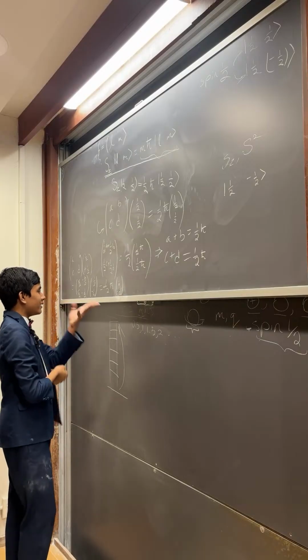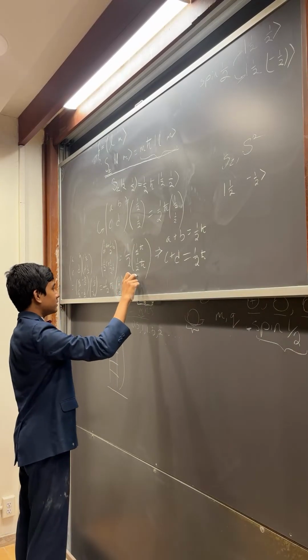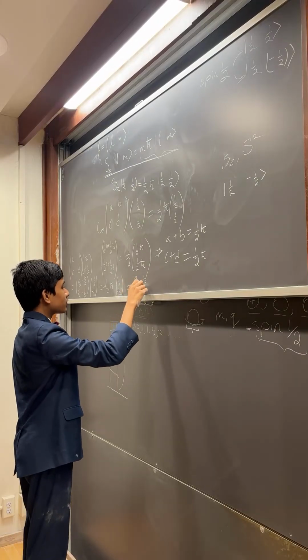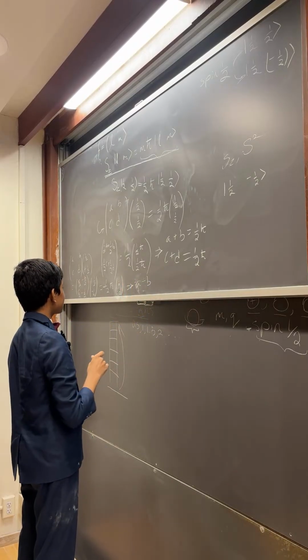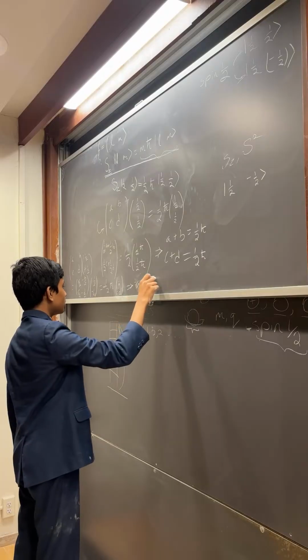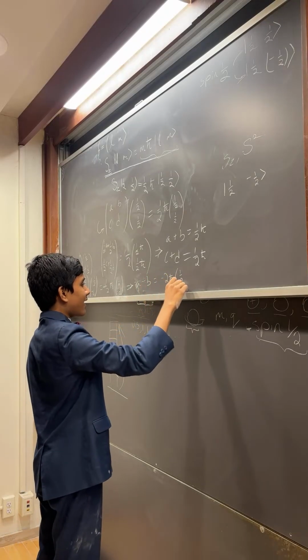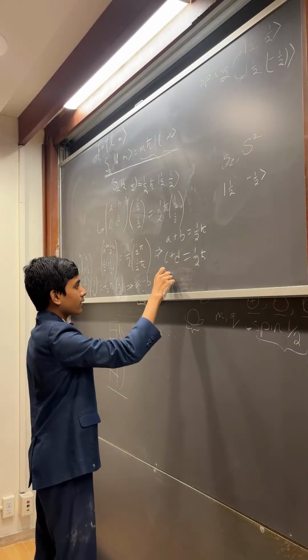And so when you aim to do this as well, you get stuck in another trap because you get, well, a over 2 minus b over 2, a minus b, to simplify things a little bit, is equal to minus 2 h bar times a half, which becomes minus h bar.